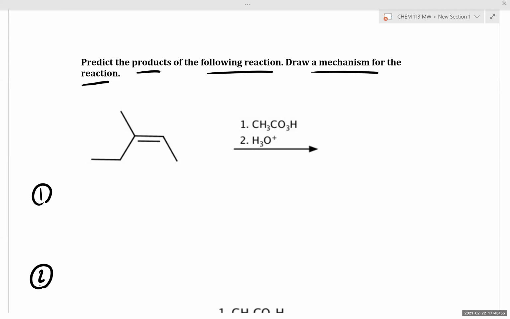And so we know it's acid catalyzed, right? Yeah, that's the second step. So we know that the second step is occurring under acidic conditions. Yeah. What about that first step? RCO3H. What is that reagent used for?